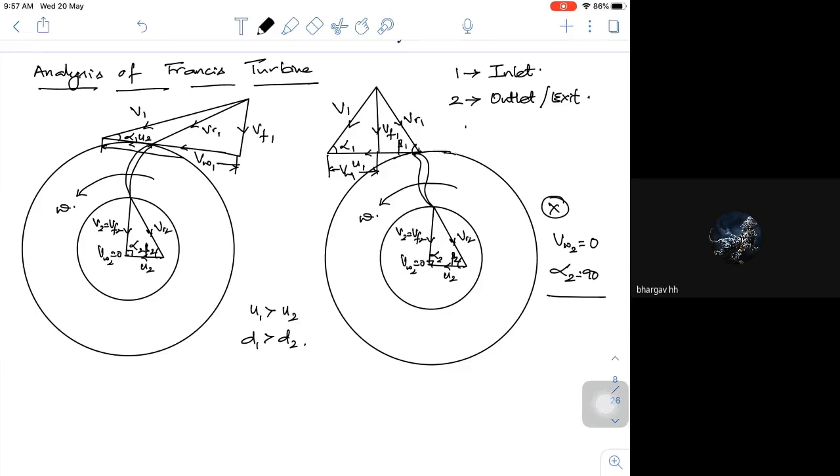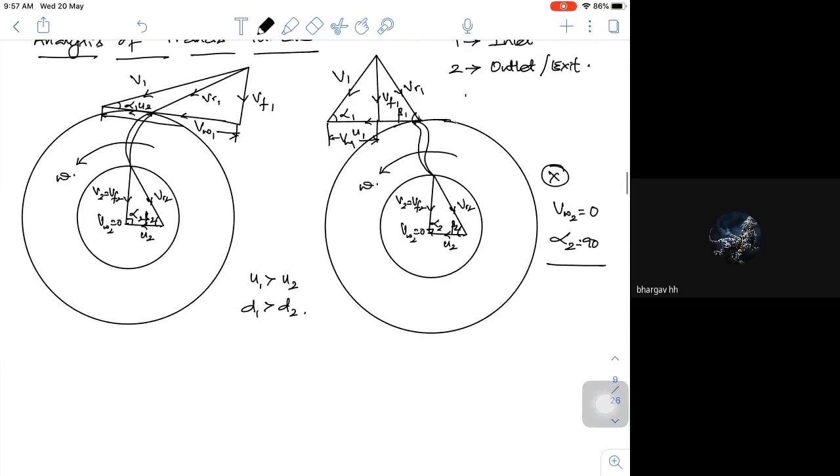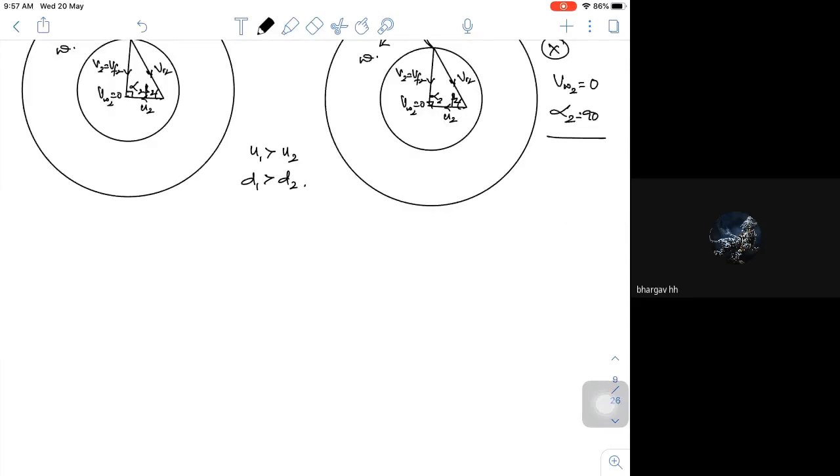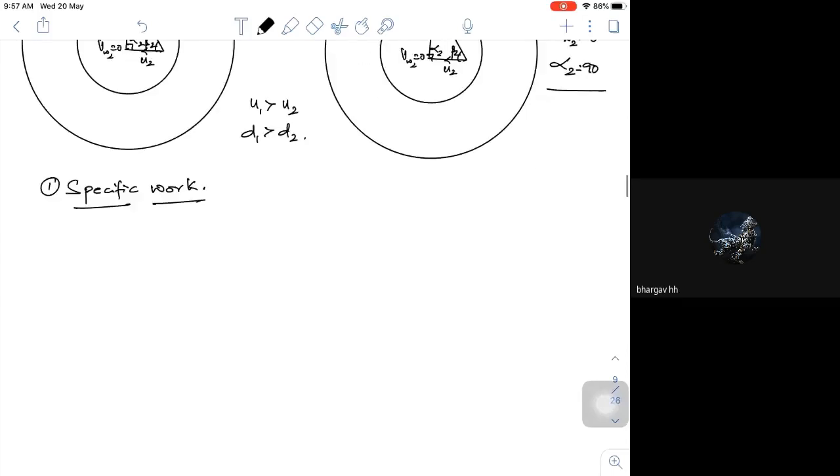Now let us try to write the work done expressions for it. Already we have derived it, so we are not going to derive it again. The first expression we look into is the specific work expression. What is it? W by M is equal to VW1 into U1 minus VW2 into U2.